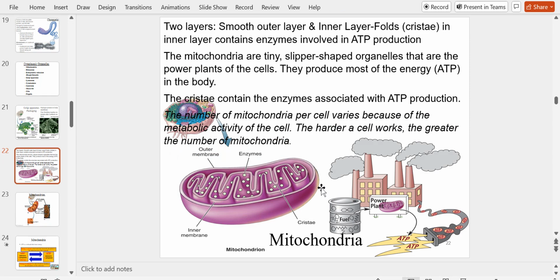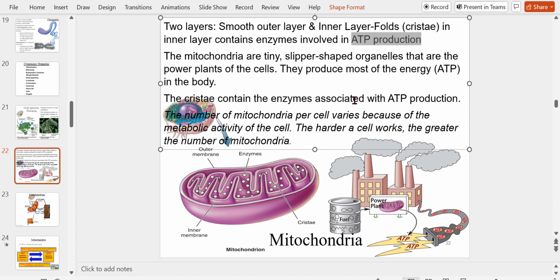Mitochondria, this is the powerhouse of the cell. There are two layers: the smooth outer layer and the inner layer, which folds into cristae. The inner layer contains enzymes involved in ATP production, and ATP, as you know, is our energy currency. If we need to move our muscle, we spend ATP molecules, which we get from eating food.